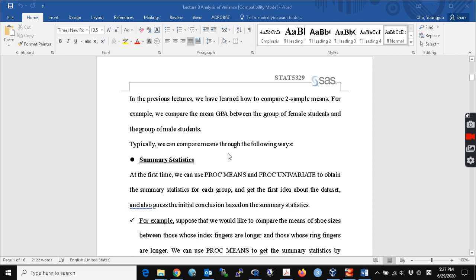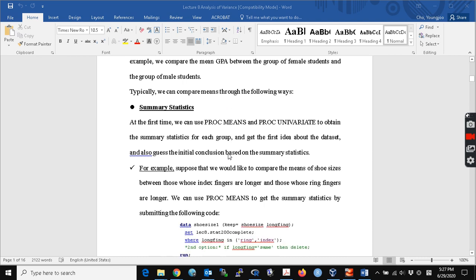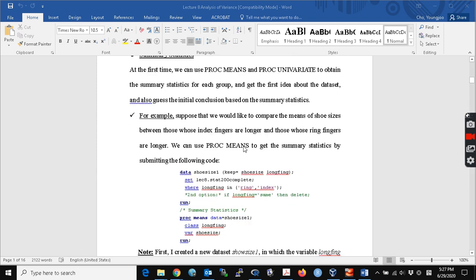For two sample means, we already talked about it before. We can first do the summary statistics. You can use proc means and proc univariate for each group. In this example, we would like to compare the means of the shoe size between those whose index fingers are longer and those whose ring fingers are longer.